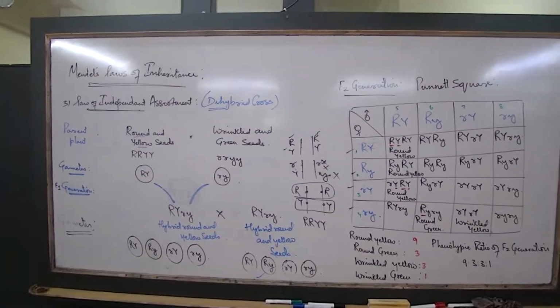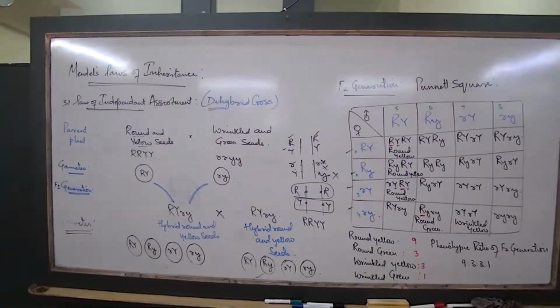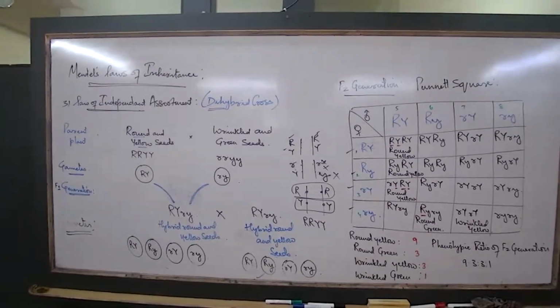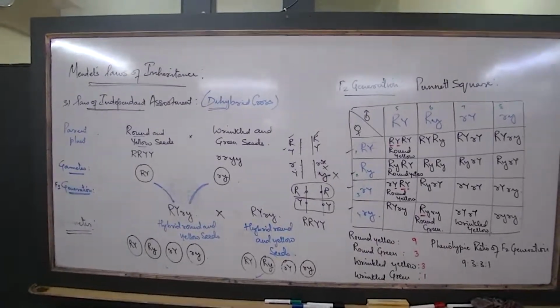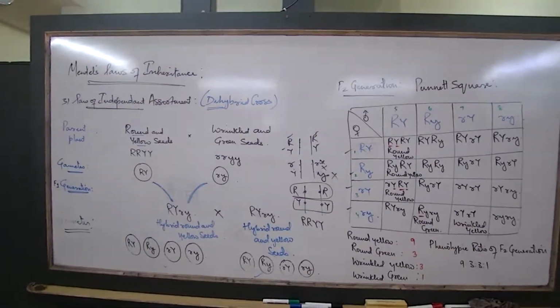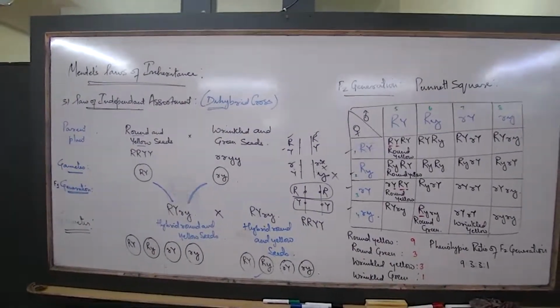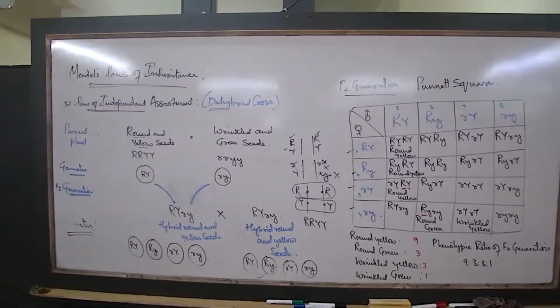How many types of gametes does the F1 plant produce? Number 3.